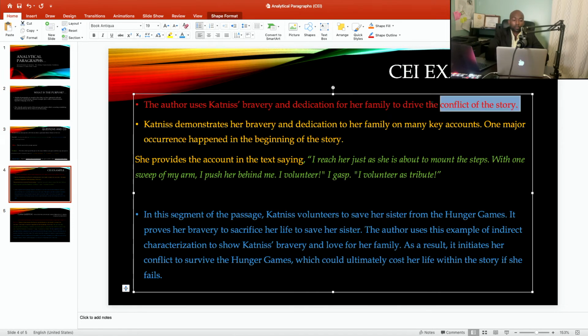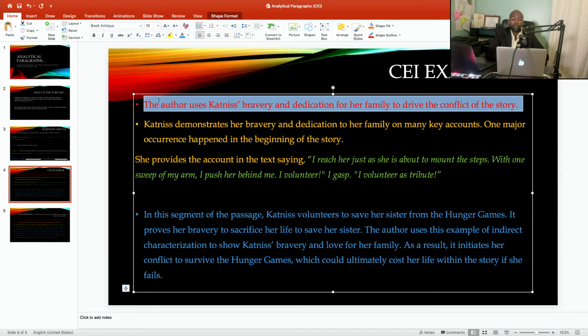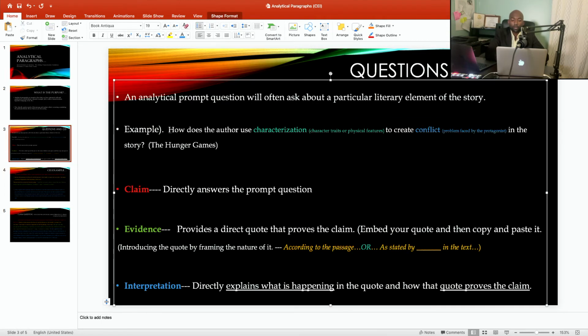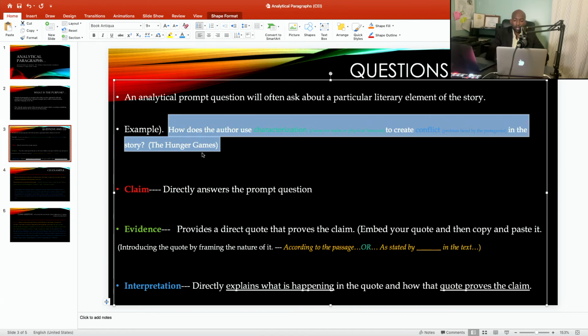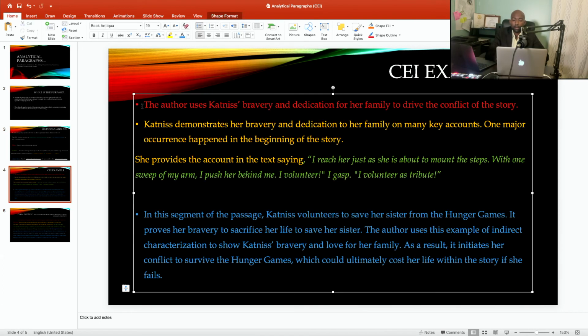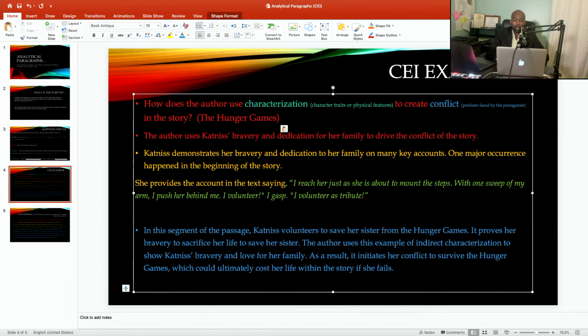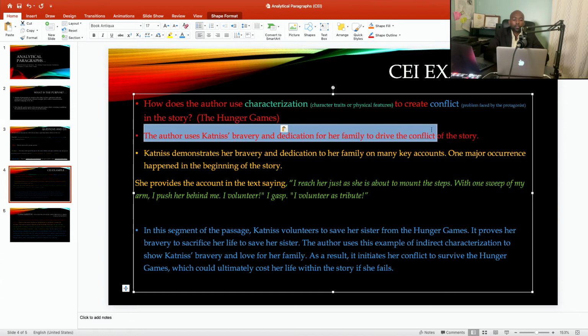Claim is in red. How does the author use characterization to create conflict? What I'll do, just for the sake of making it clear, is put it here on the same page. That way it's clear. Okay. How does the author use characterization to create conflict? Well, here's the claim here. Claim says the author uses Katniss's bravery and dedication for her family to drive the conflict of the story.